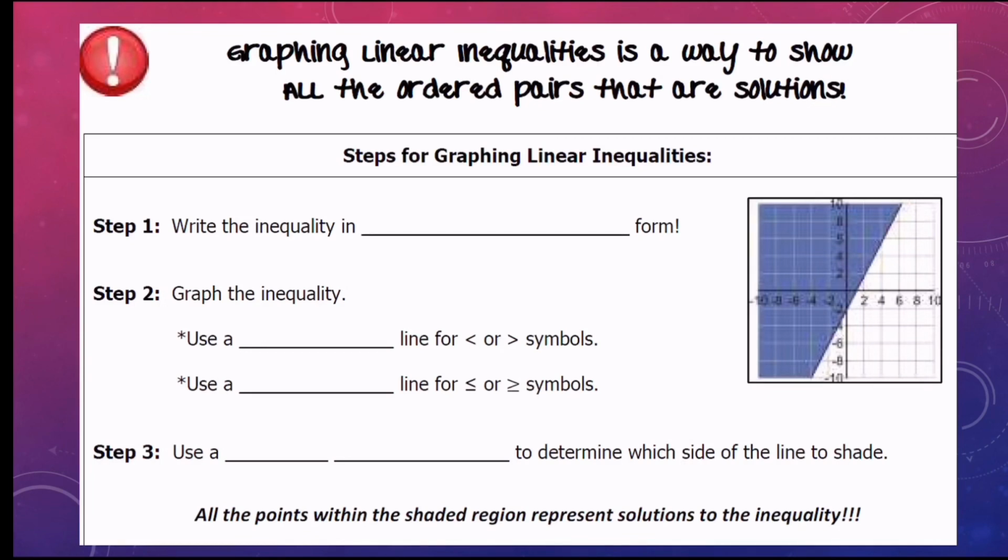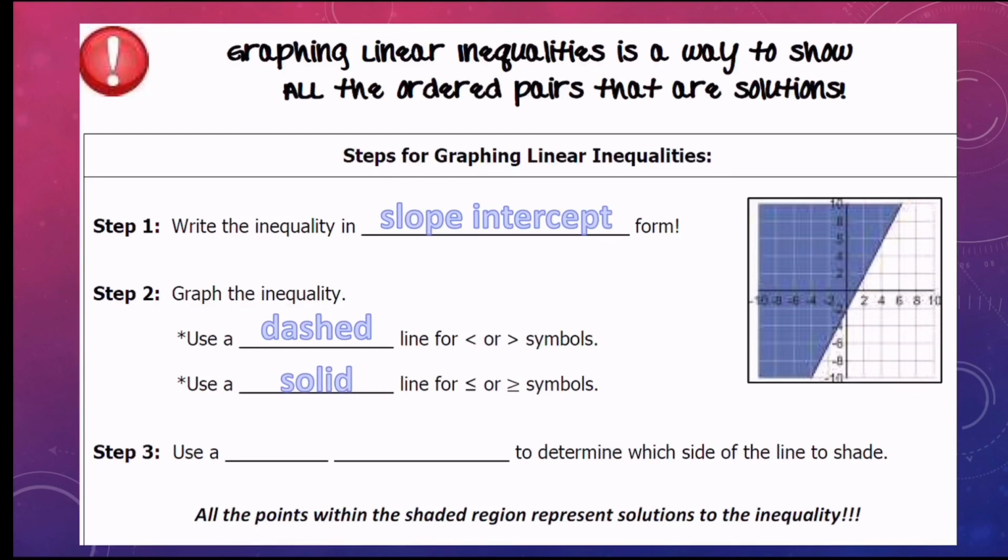So in order to do this, we'd write it in slope-intercept form. Okay, and then we graph just the way we graph a line. However, we use a dashed line for less than or greater than symbols, and a solid line for less than or equal to or greater than or equal to.